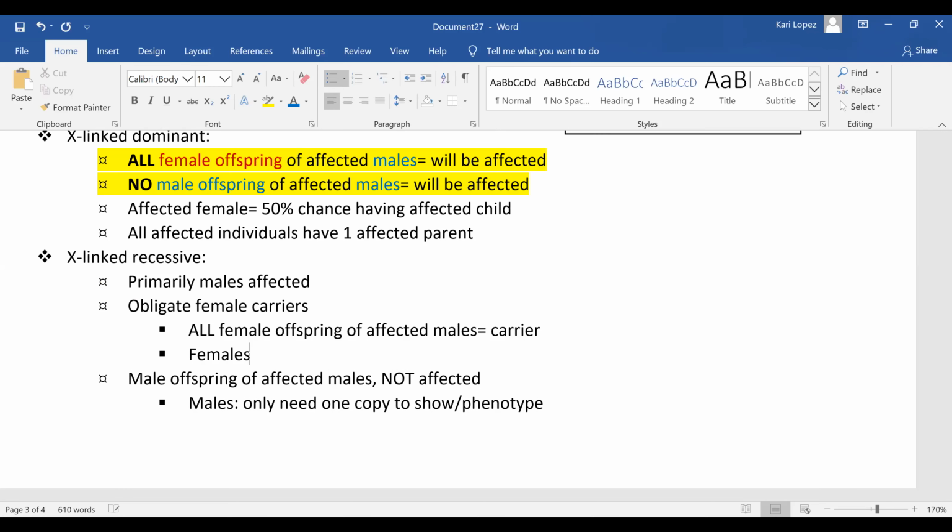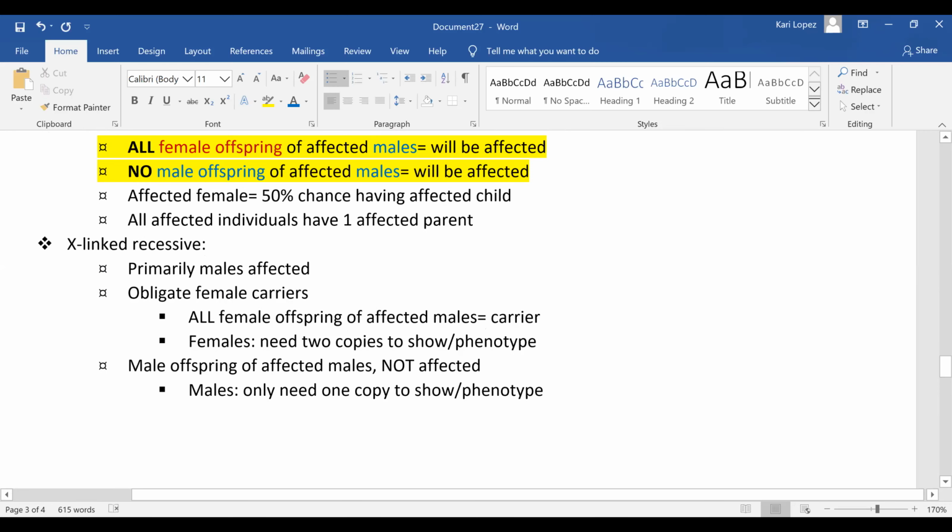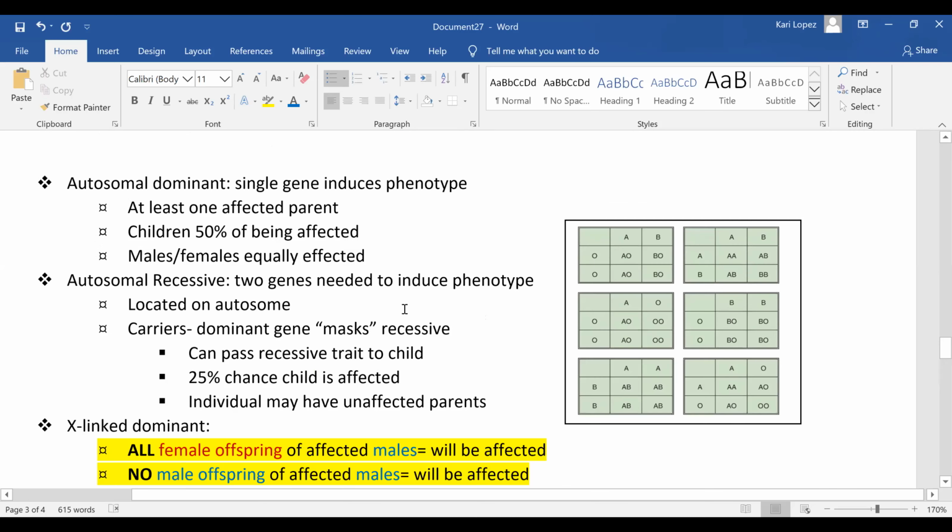And females need two copies to show her phenotype. And then once y'all catch up, I've got an example. Okay.